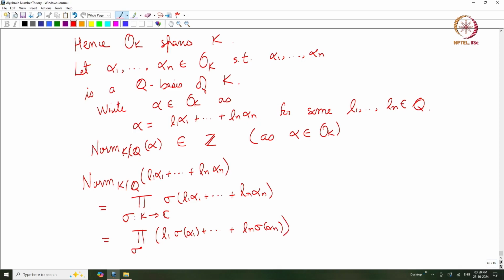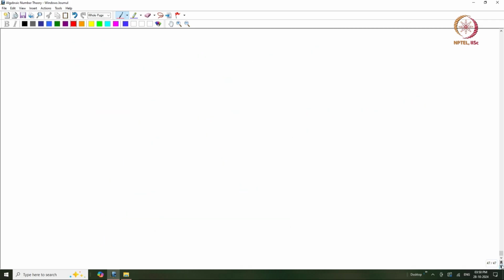Now, we do something which is conceptually maybe difficult to understand at the beginning, but this is the kind of thing that we have to get used to in this subject. So, what we do is we think of these Li's as variables now, and so I can write this as phi of L1 up to Ln as this product sigma L1 sigma alpha 1 and so on up to Ln sigma alpha n.